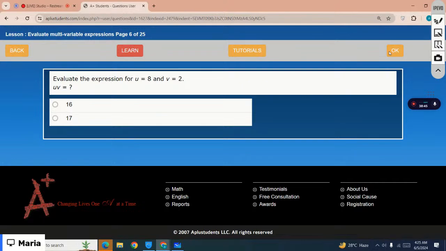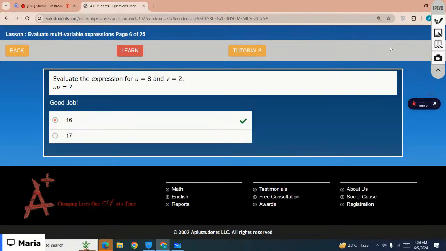Evaluate the expression for u equals 8 and v equals 2. So which is the correct option? That is 8 times 2 equals 16. Option number 1 is the correct option.